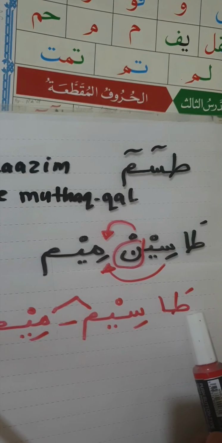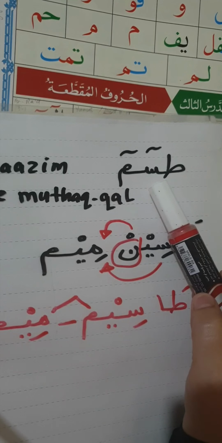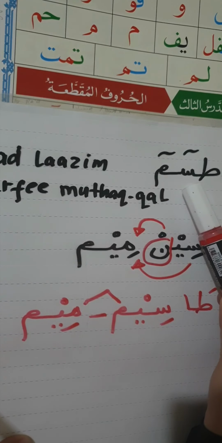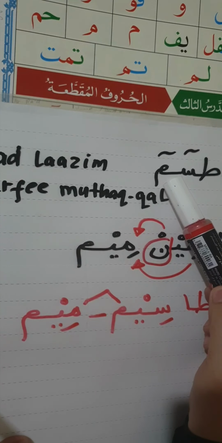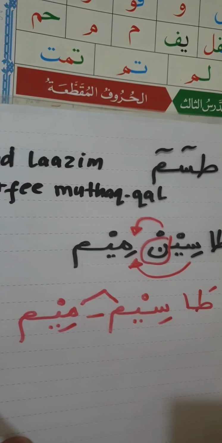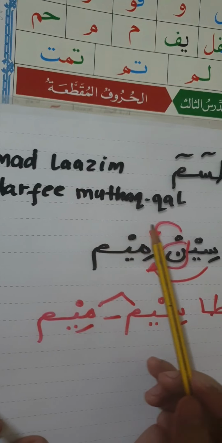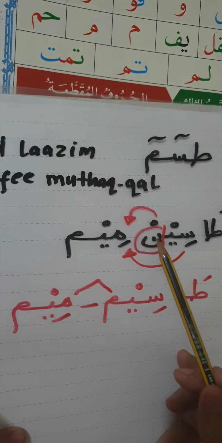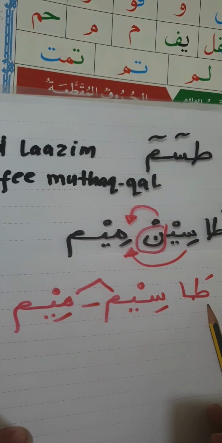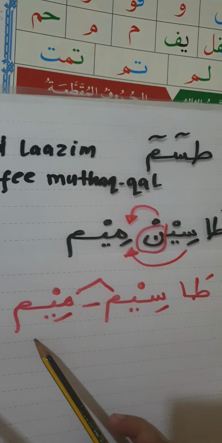Again, this one, tasim. So it will be like that. So this is the mad lazim harfi muthaqqal because the nun has been merged into the mim. So there will be no sound of the nun at all. That is why when we are going to write these 3 letters, it will be ta, sim, mim.